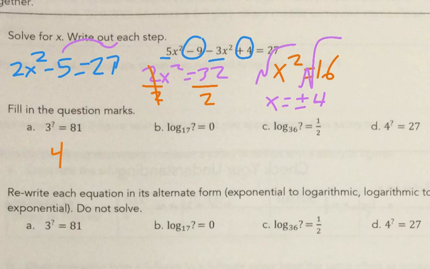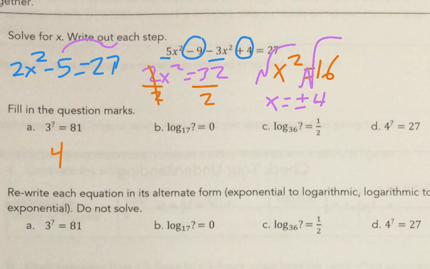Okay, B. Log base 17 of what is 0? No calculator. Well, it's not 0. What's this asking? To me, I don't like looking at it as a logarithm. So you could rewrite this as an exponential.